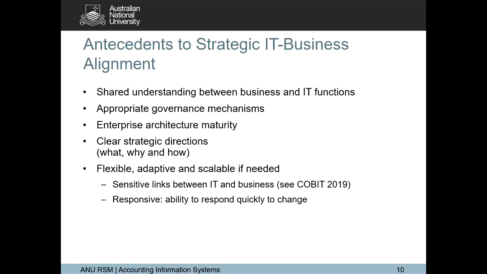So it's not really making it smooth and efficient if you do not have this shared understanding, yeah, between the business and IT functions. IT functions must be able to translate what the business section needs, okay? And you must have the appropriate governance mechanism, even if you have the right tool, the best tool.